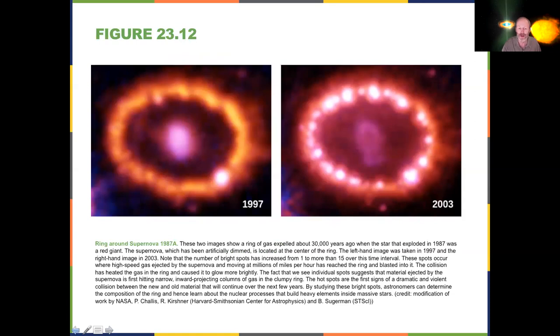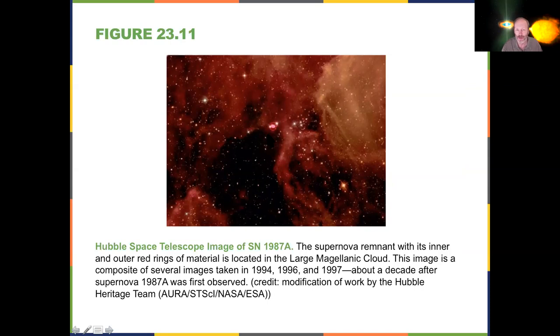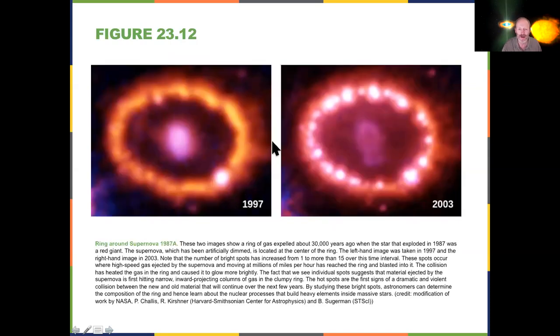This is a close-up of the supernova explosion that's in the center. If you look right here in the center, we can see what's happening over the course of just these few years: you're getting a more fragmentary and more dissipated system along the way. When we talk about when it actually happened, 30,000 years ago, well, it took that long for the light to get to us.